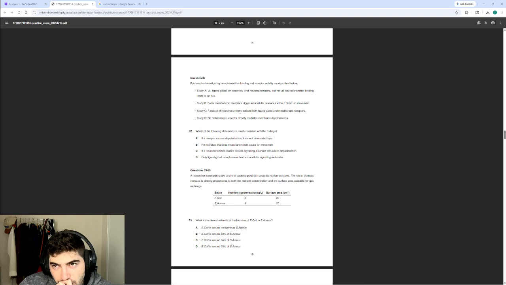I don't think it is. But no metabotropic receptor directly mediates membrane depolarization. If a receptor causes depolarization, it cannot be metabotropic.